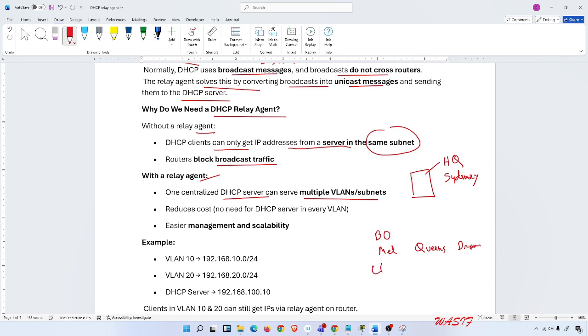It can be in China, India, or Japan. Your headquarters can serve IP addresses to different locations.